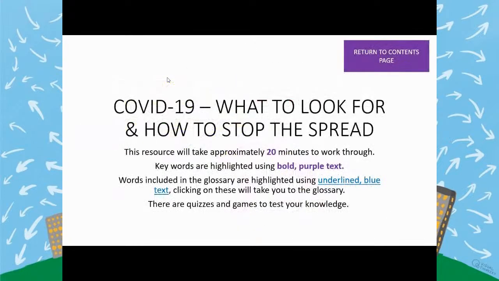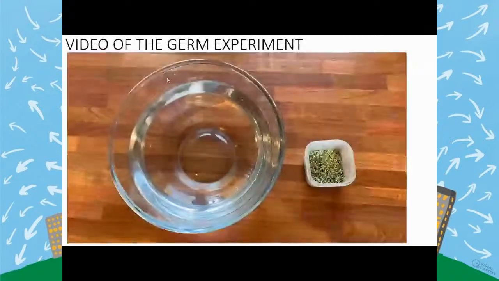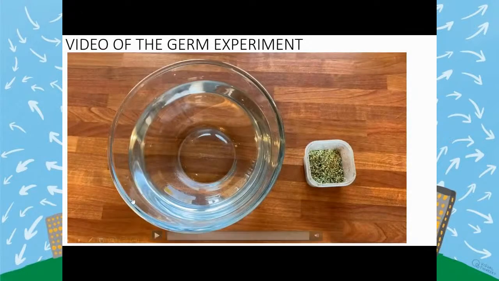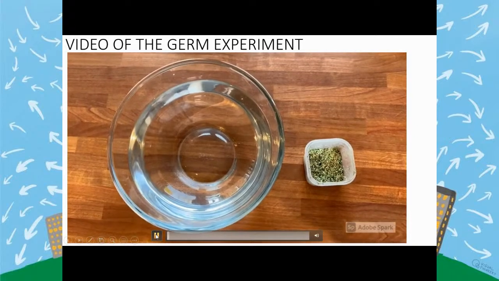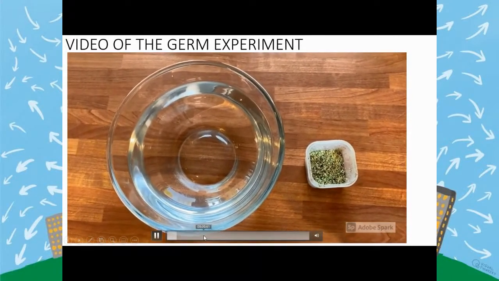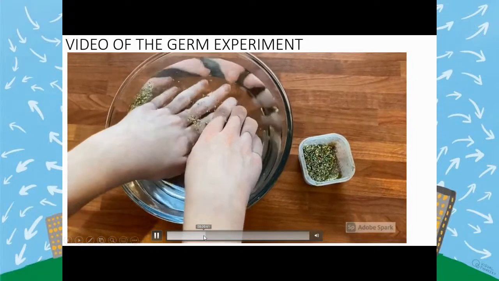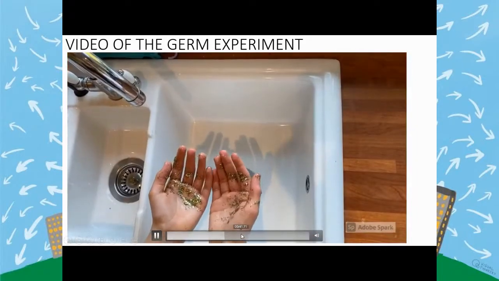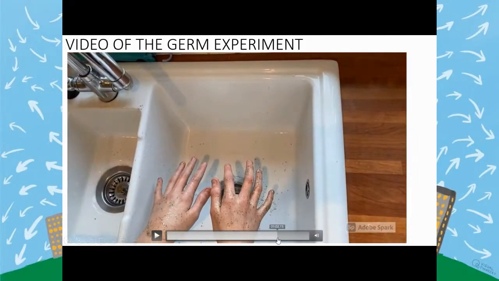So firstly, this is a nice resource that one of our students made to teach COVID-19 to her brownies that she worked with. And there's some lovely activities in here. She's got this nice video where she demonstrates hygiene and germs and how hand washing gets rid of that.